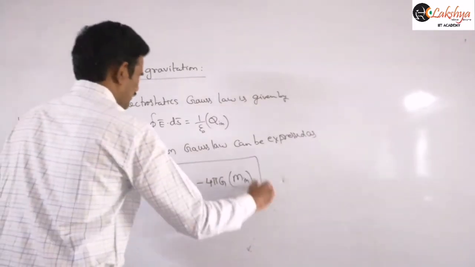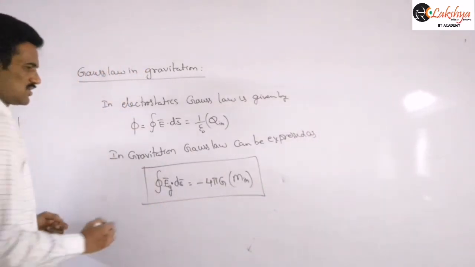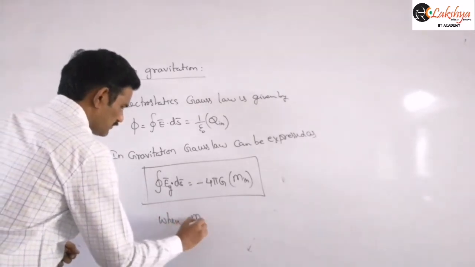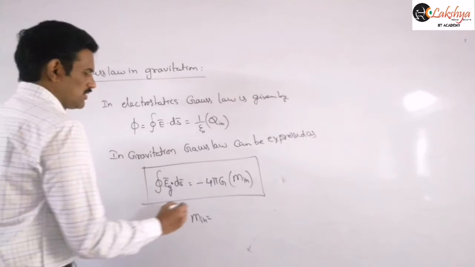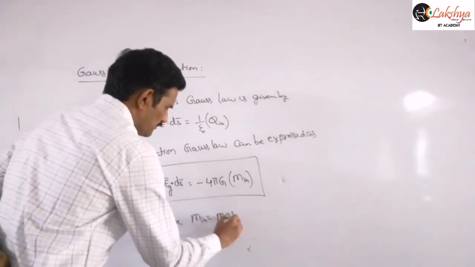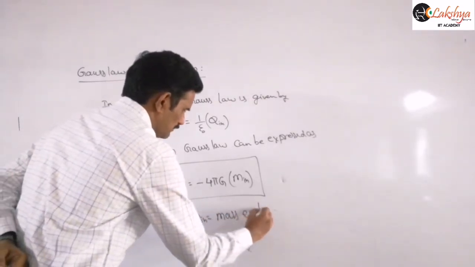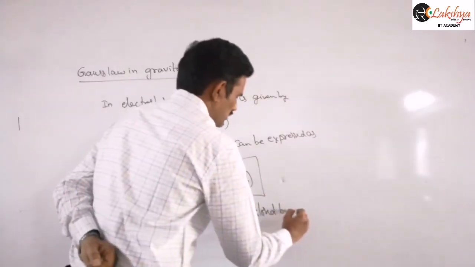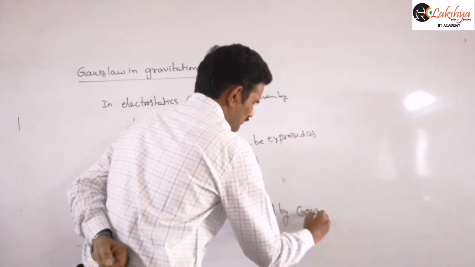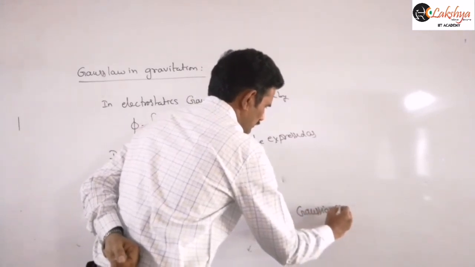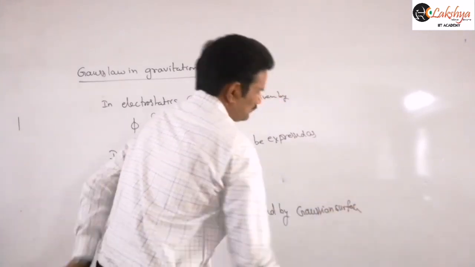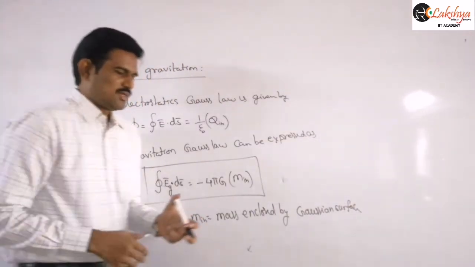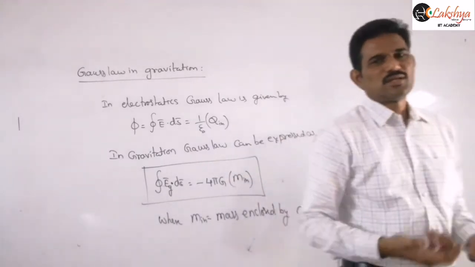So that is Gauss law in gravitation, where M in is the mass enclosed by the Gaussian surface.